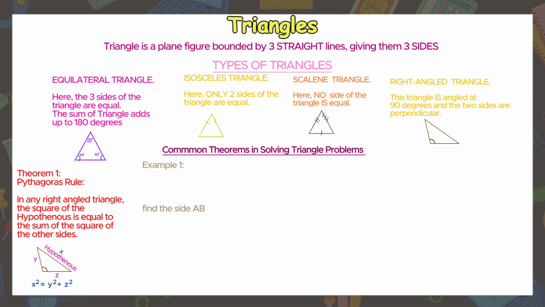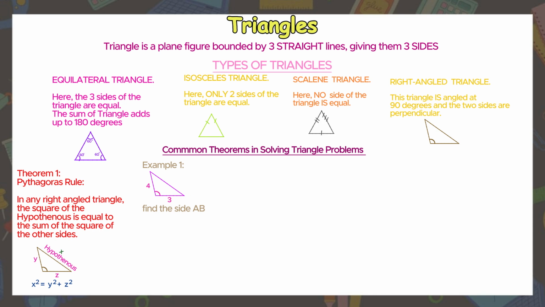Example 1. To show it is a right angle triangle. So this is the unknown side.